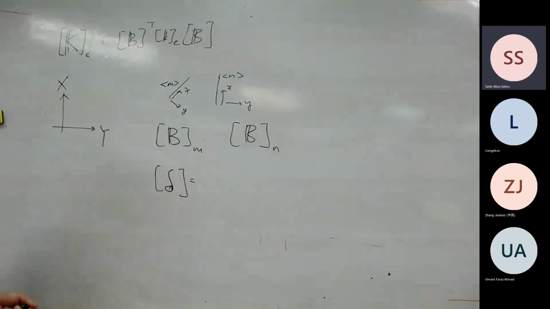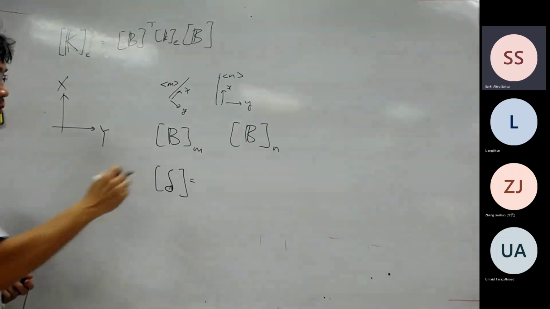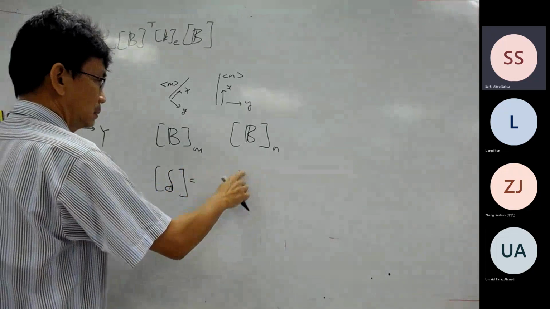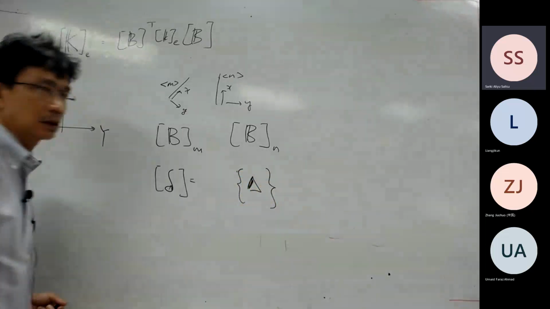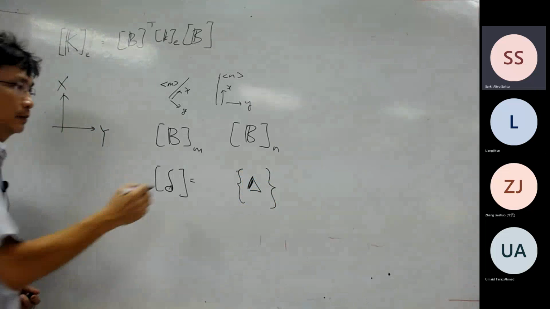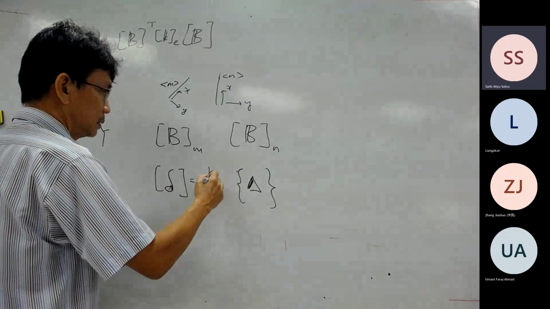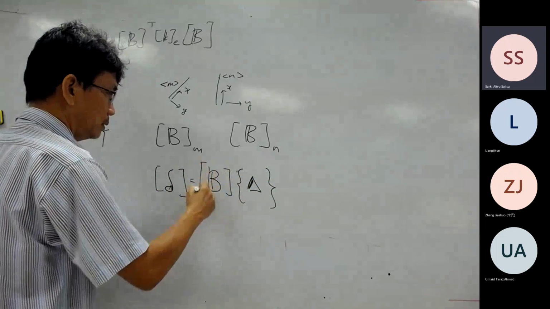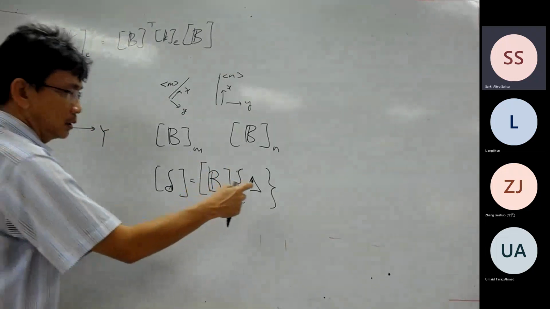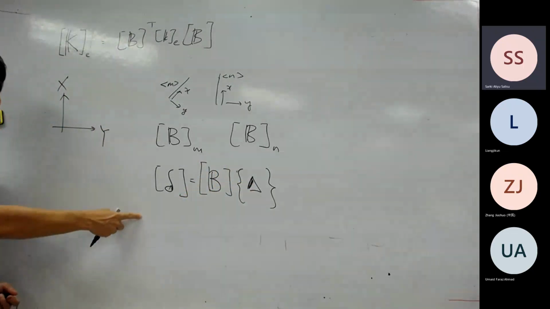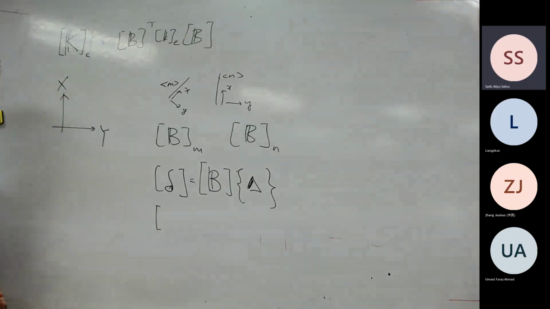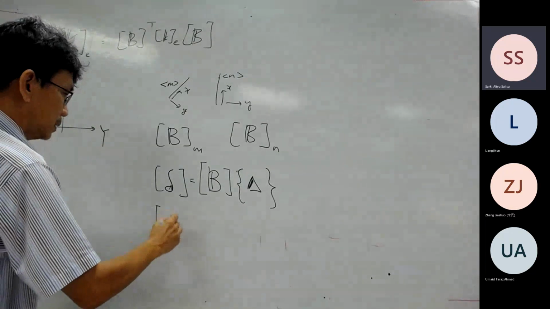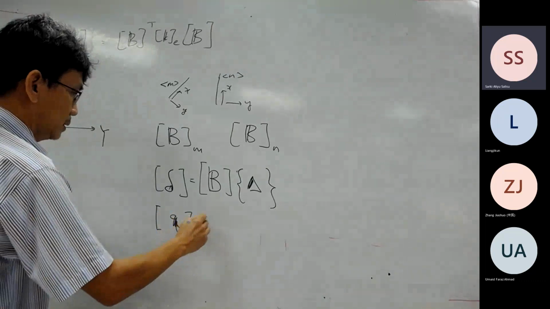Delta is the local one, and this delta is the displacement at the global level. So this B is the one responsible for transforming the global to local. The same thing, because the displacement and also forces are transformed in the same way.